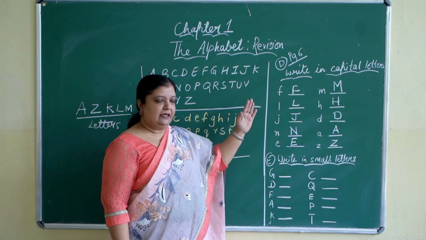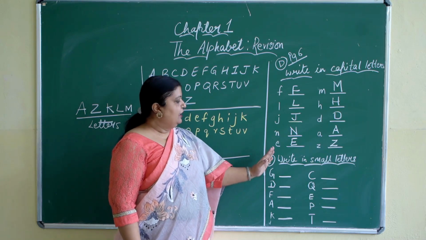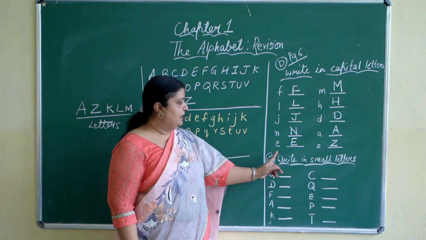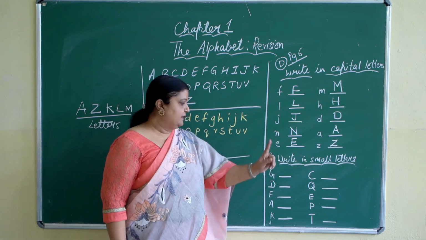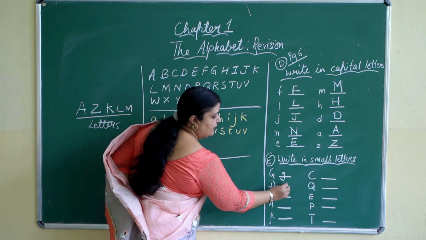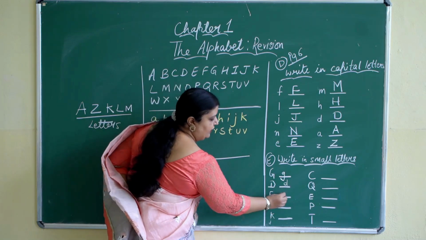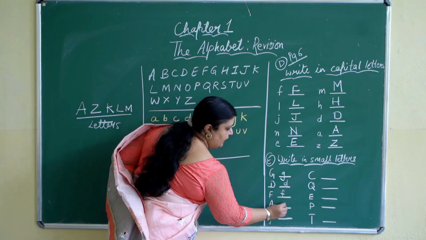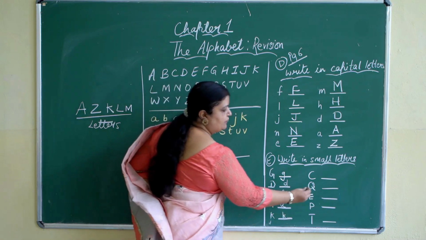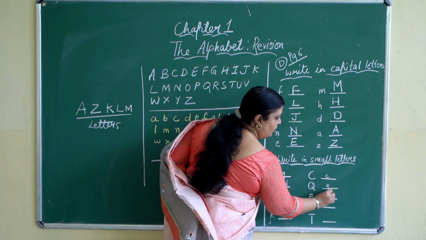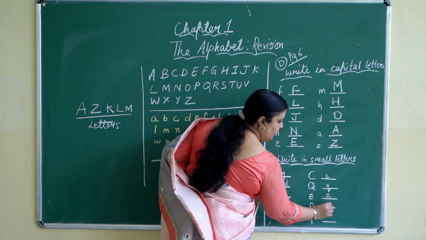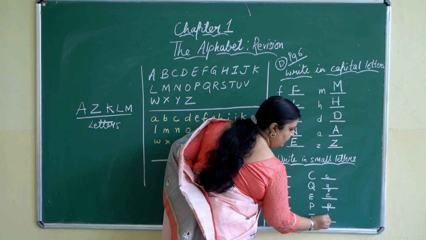Now in the same page 6 there is E exercise. Now capital letters are given and you have to write the small letters. Write in small letters. G like this, D, F, A, small k, then small c, small q, small e, then P and small t.